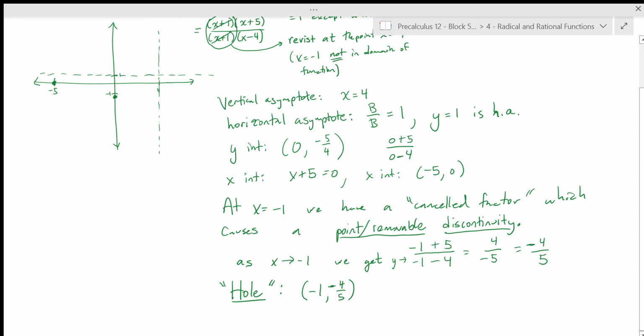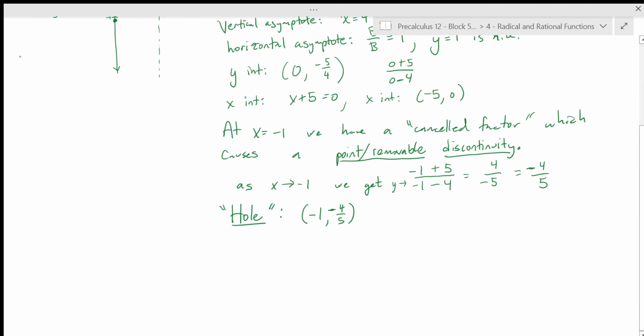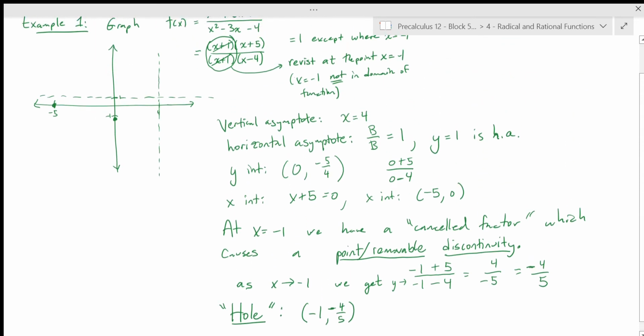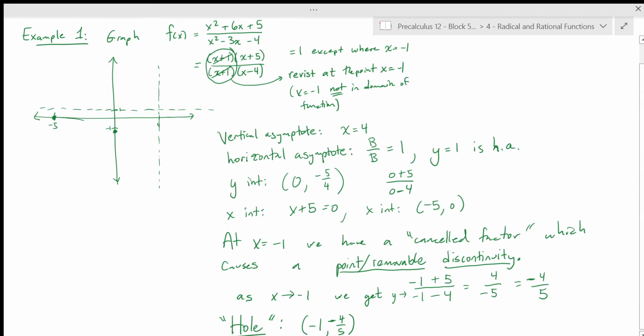Okay, so now we're going to play with our rational function, connect the dots. Here are the rules. We're not allowed to cross either of the axes except at an intercept. So we know that this right here has to go something like that. We cross the axis here, and then we're going to head up towards 1.